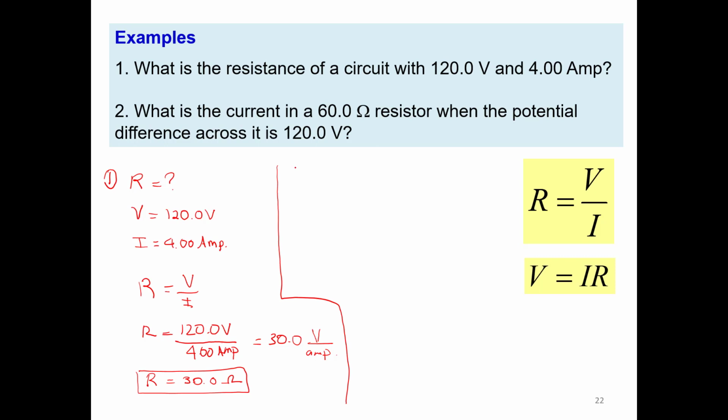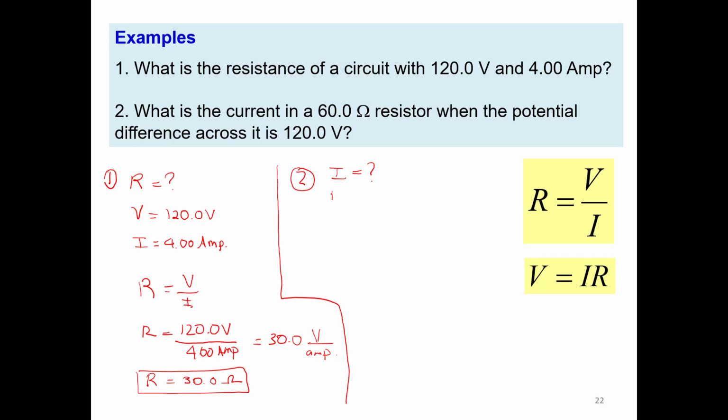In problem 2, we want to calculate the current. What is the current in a 60 ohm resistor? How much current passes through a 60 ohm resistor?